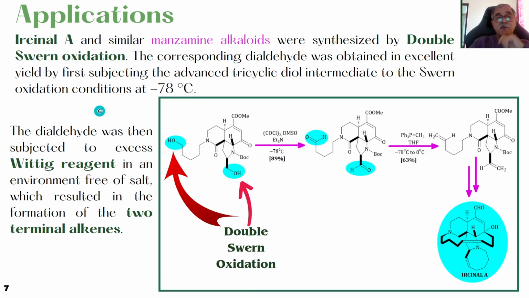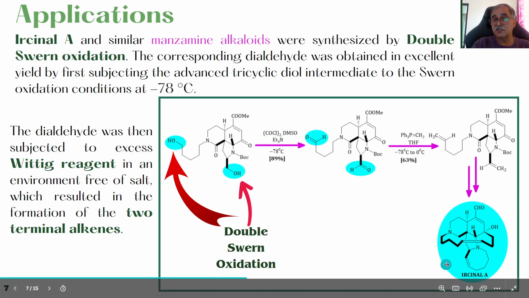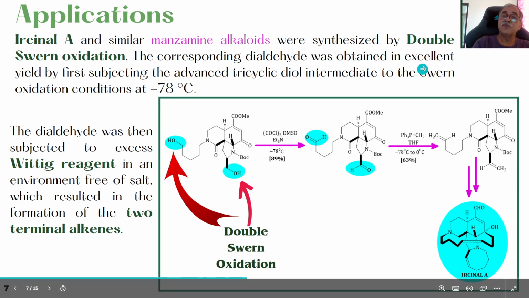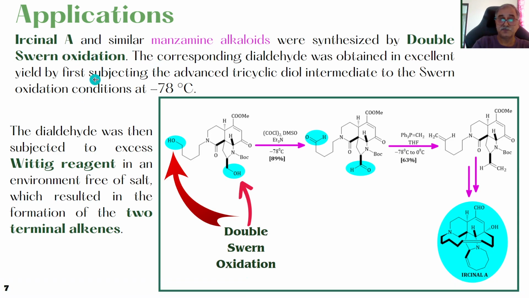Then similarly, another application is in the synthesis of irinecyl A, and this is irinecyl A. This is again a benzylamine alkaloid, and this was synthesized through a double Swern oxidation. So when this type of dialcohol, where both these groups are primary alcohols, was treated under Swern oxidation conditions, it gave the corresponding dialdehyde in 89% yield.